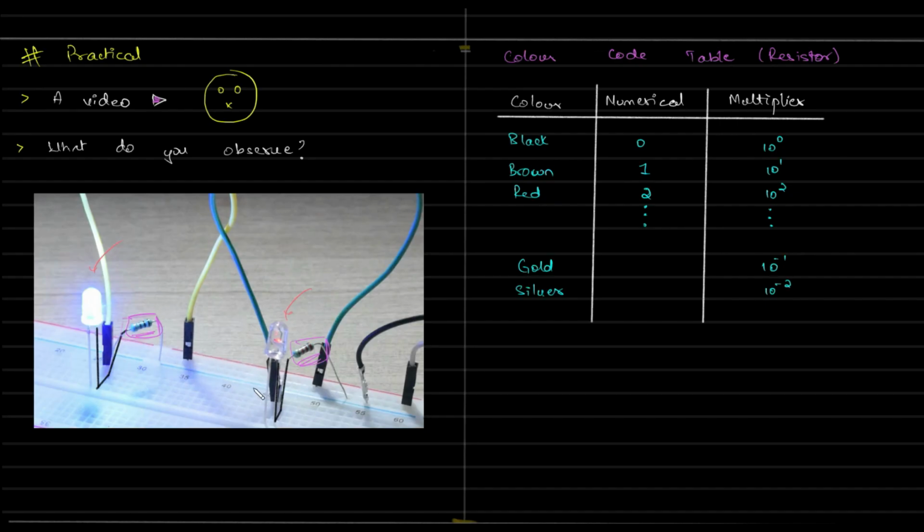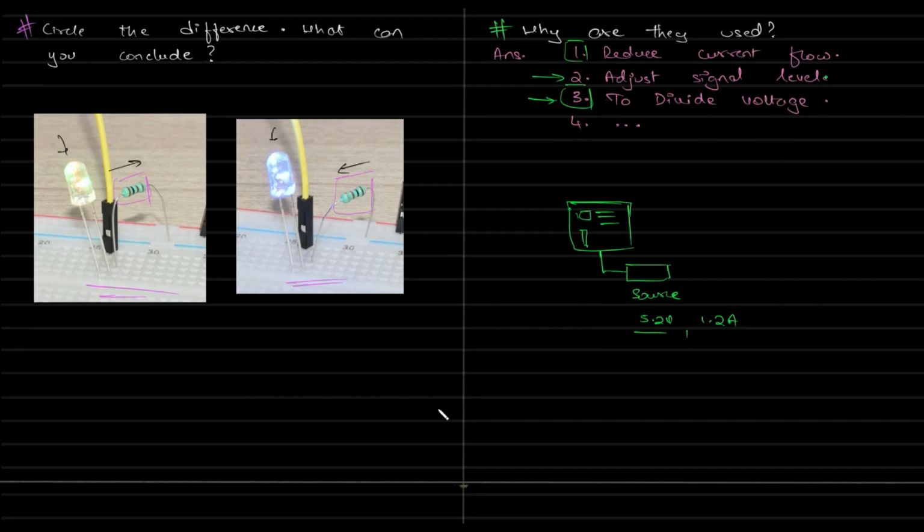You'll get quite a few. Even a multimeter you can buy. That's around 200 plus. Okay, so each of these has color codes, and you can read off the values using the color code table. This too you can have a look at online.